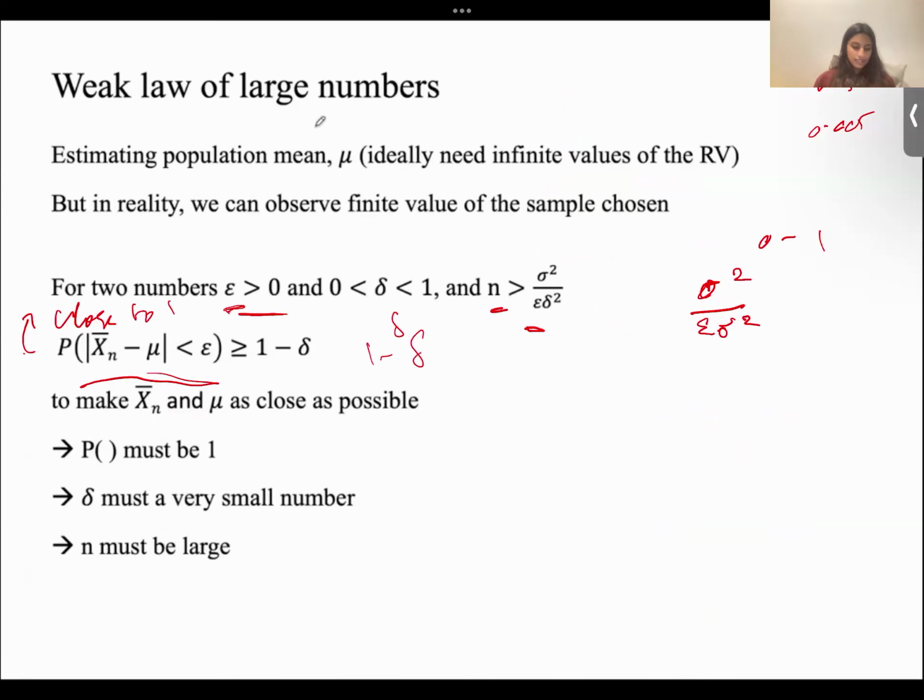So let's say delta is also 0.05. Then 1 minus 0.05 would be 0.95, right? So the probability of this has to be greater than 0.95. The probability should be really high, 0.96 or 0.97 or something.